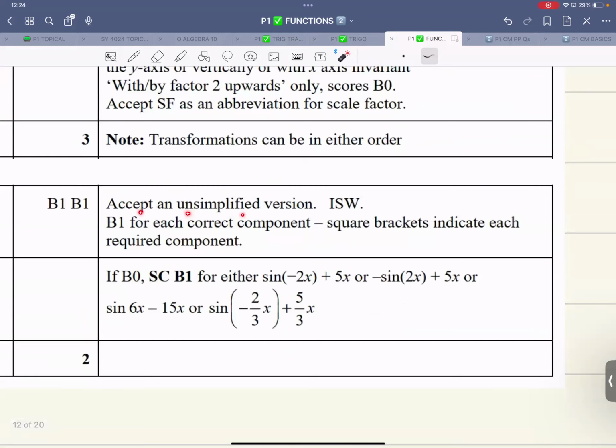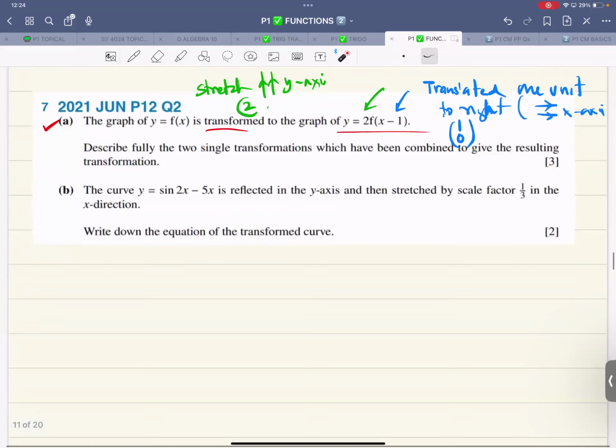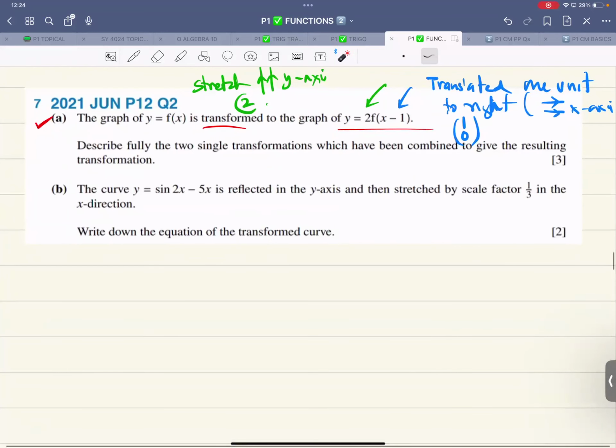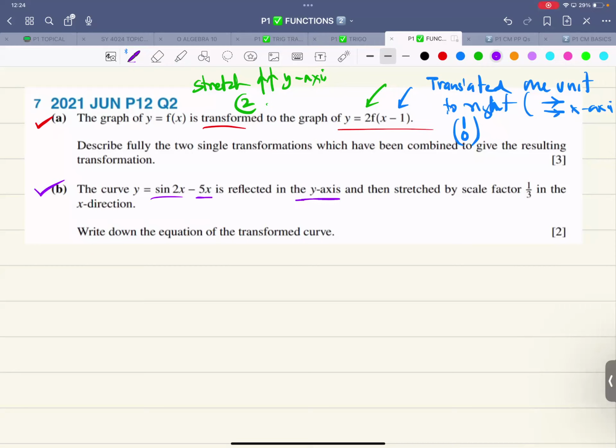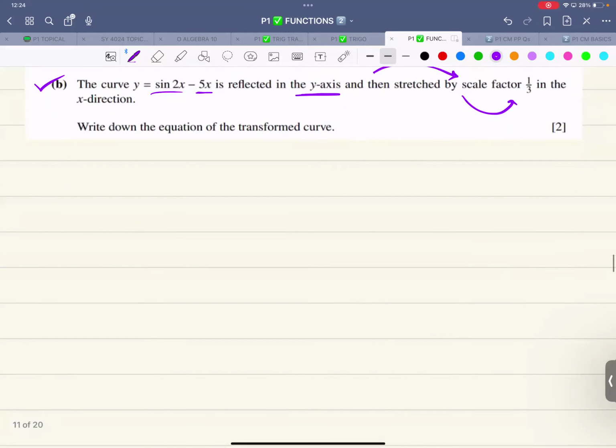Except an unsimplified version, that's the next one. Now the next one says that the curve y is equal to sine of 2x minus 5 is reflected in the y-axis with a scale factor of 1. Now, as soon as I read this, let me write two things.